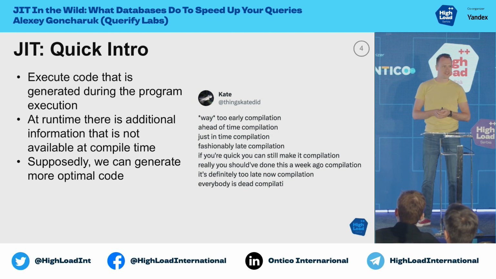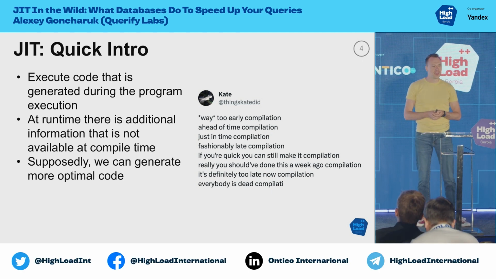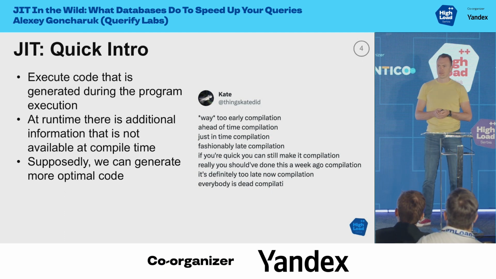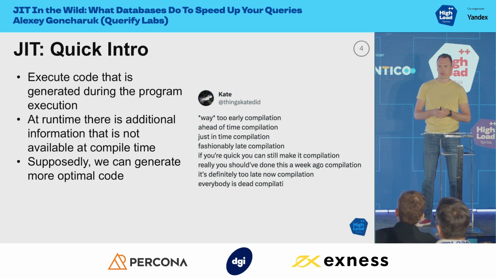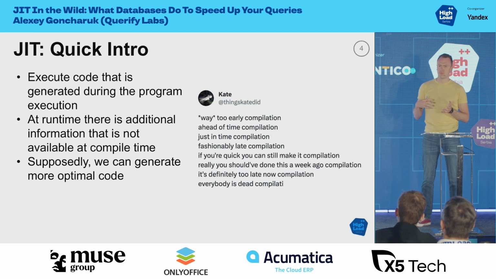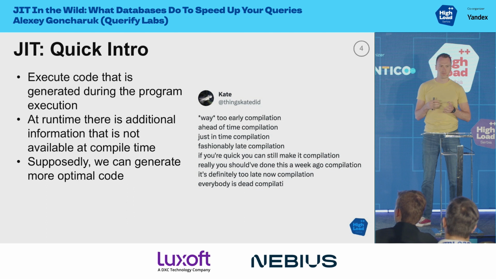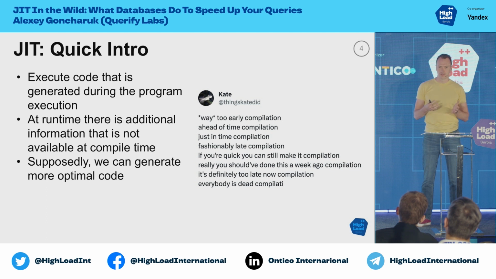Why can't we use just regular compilation? The reason for that is oftentimes when you compile a program ahead of time, you don't have some specific information, and you need to build some code dispatch, some type dispatching that otherwise would take additional instructions, and your code runs slower.